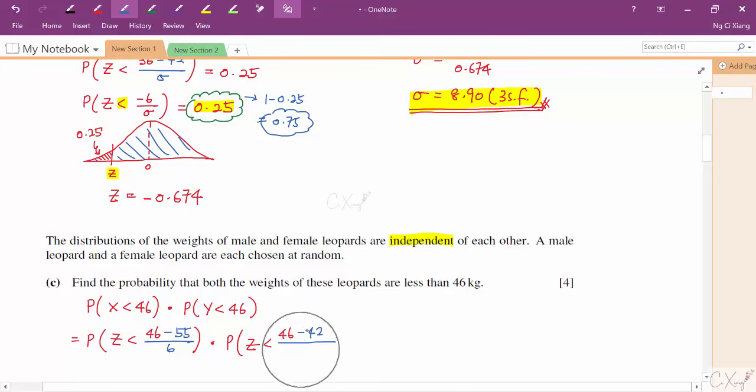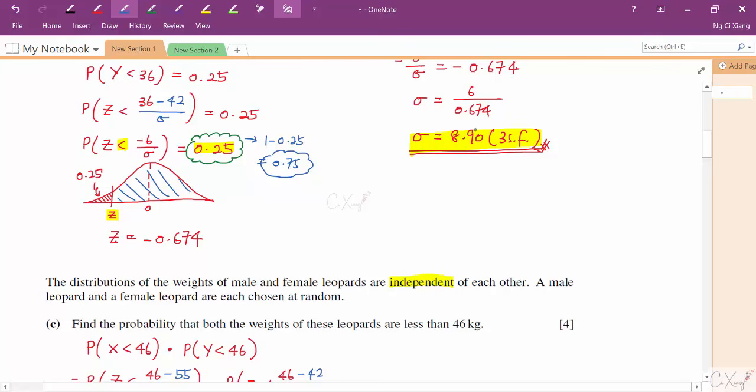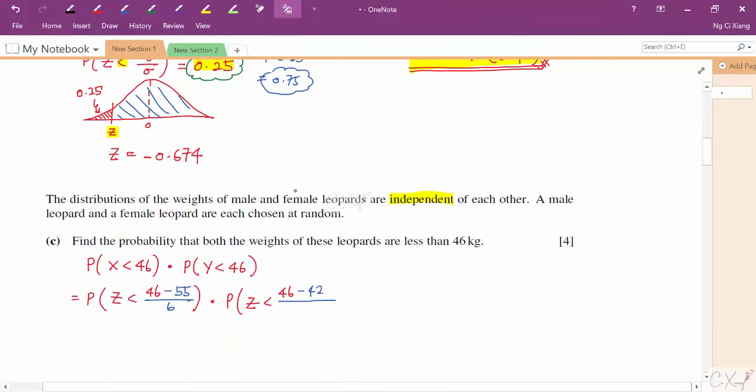For our standard deviation here, we actually have to use back the original value. If I try to keep the long value, it should be 8.9020771151. So when I press the calculator, I'm trying to keep the original long value.